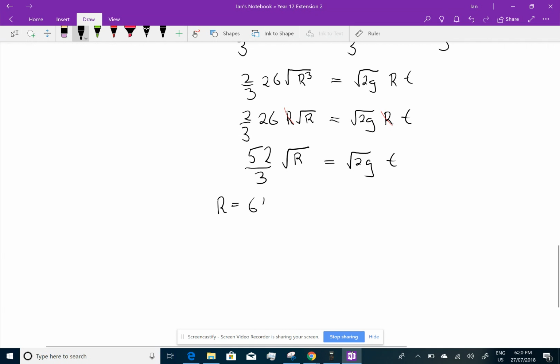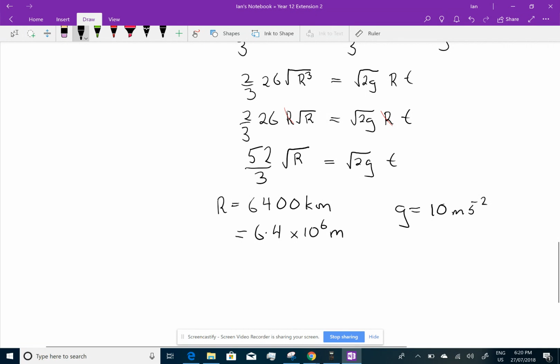Now, we know, it tells us in the question that r equals 6,400 kilometres. But we're doing metres per second. So that equals 6.4 times 10 to the power of 6 metres, because gravity is 10 metres per second squared. So we've got to have everything in the same units.